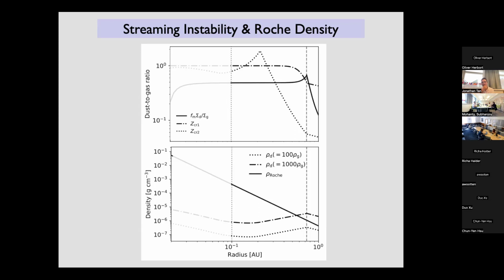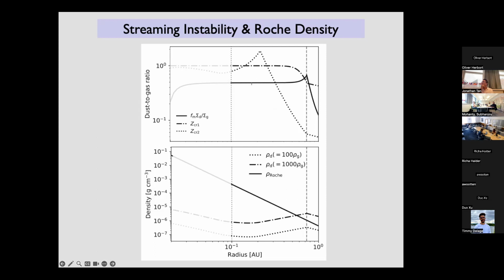But first of all, you have to satisfy the constraints for the streaming instability, right? So again, this is in light of our simulation, so I don't know how much it's true, but at least for our case, in the top panel, you can see the two streaming instability conditions are the dotted line here and this other line here, right?